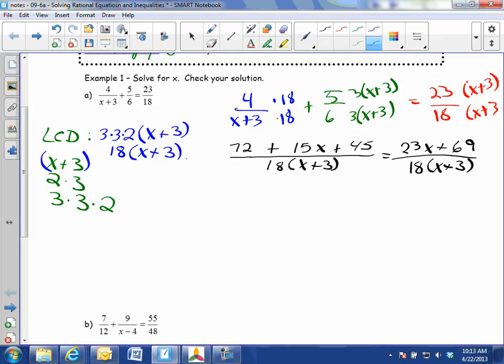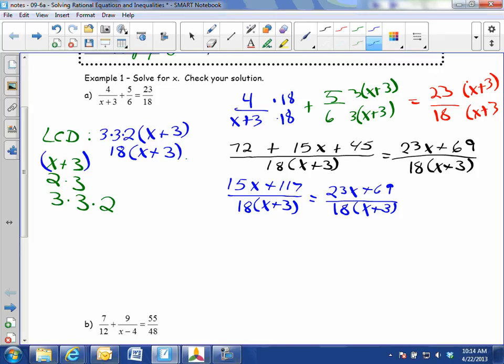Alright, so now let's simplify. What's 72 plus 45? Can we put those together? 113. Why did you get 23x? Because I distributed. We just take the top of each.